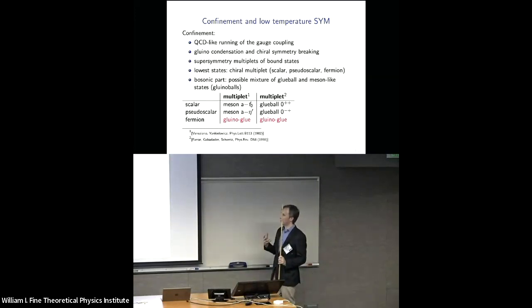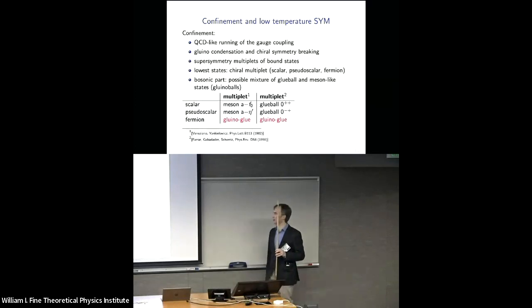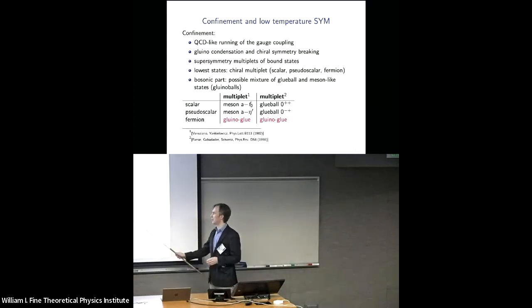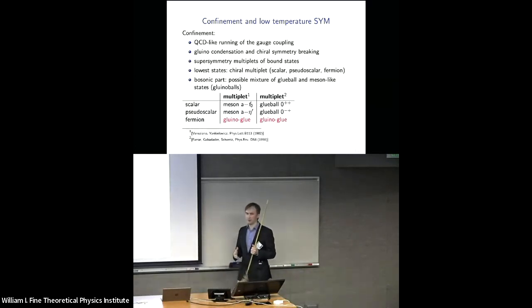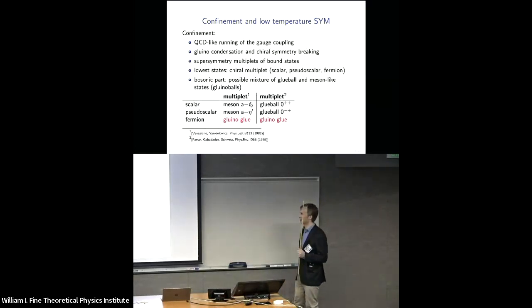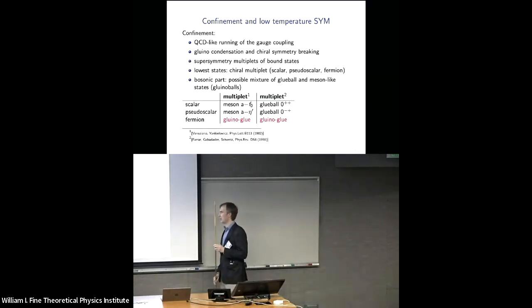Therefore, there must be some multiplets of bound states that describe the low energy effective theory. And the simplest possible way to arrange these bound states is a chiral multiplet. So this means we need a scalar, a pseudoscalar, and a fermionic particle that all have the same mass to describe the lowest bound states of the theory.